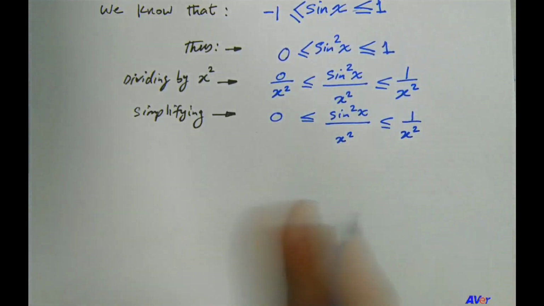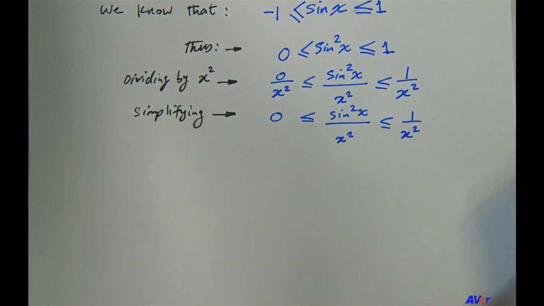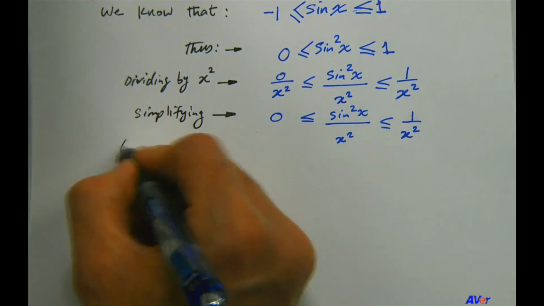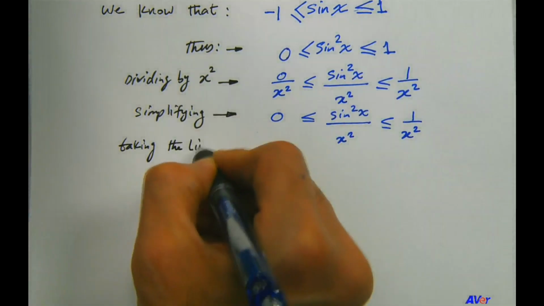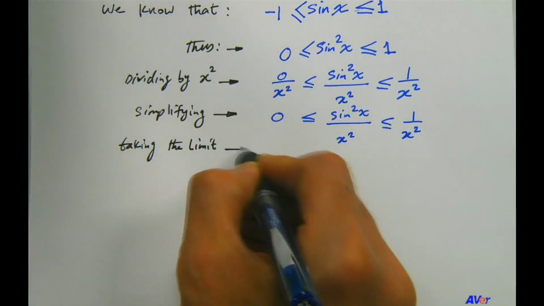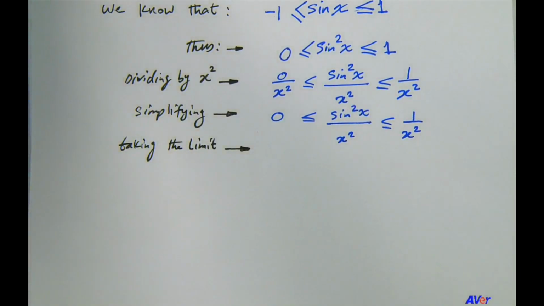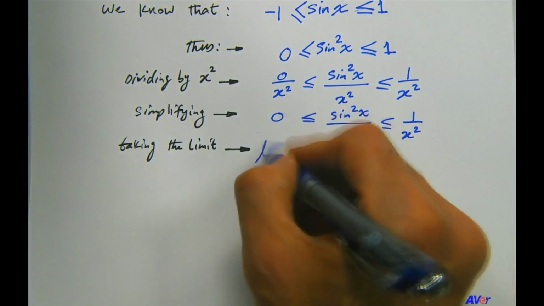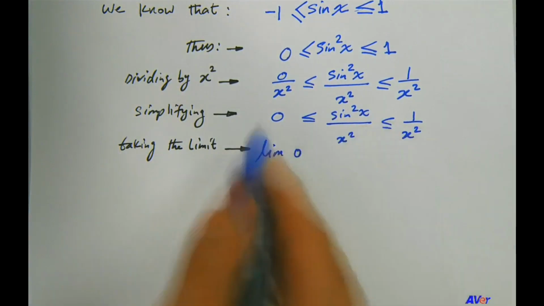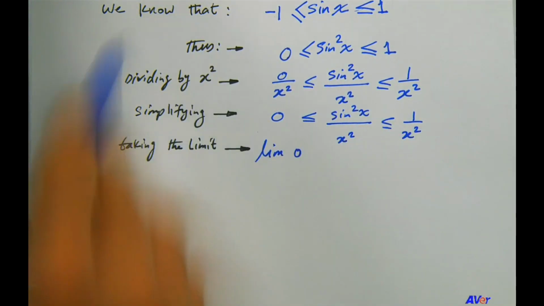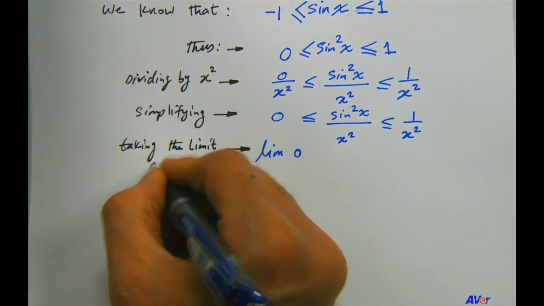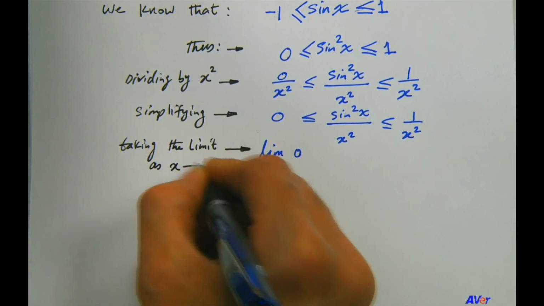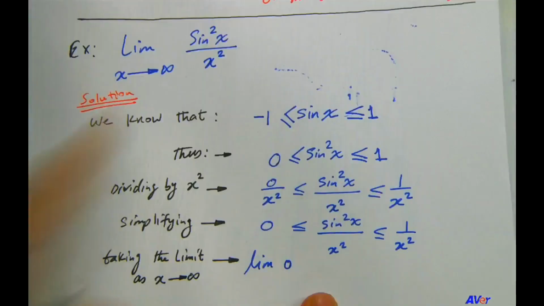Okay, so now let's apply the limit to the whole thing. So taking the limit, we're going to take the limit of everything as x approaches infinity, because that's what we have.